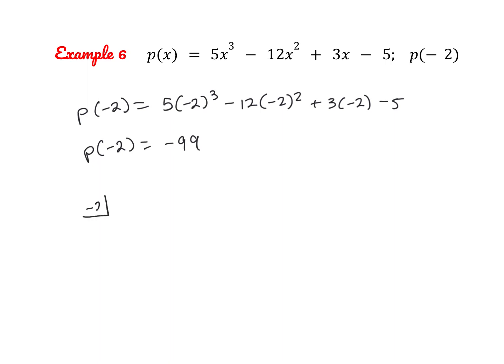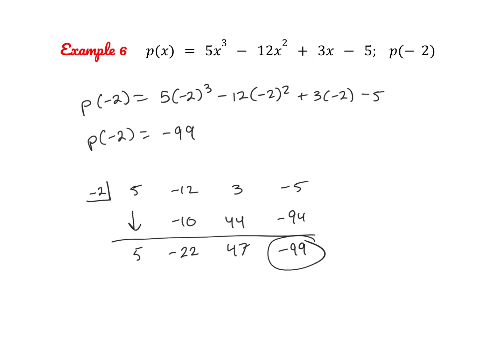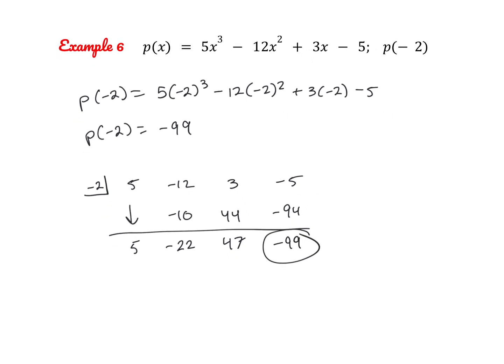So we can put negative 2 in our little box, and then we do 5, negative 12, 3, negative 5, and we do our quick synthetic division. And here, the remainder of our synthetic division is the answer, which you can see right here.